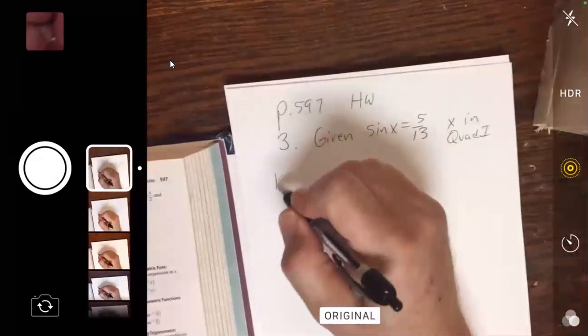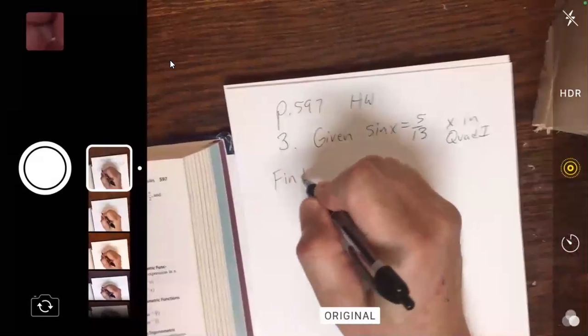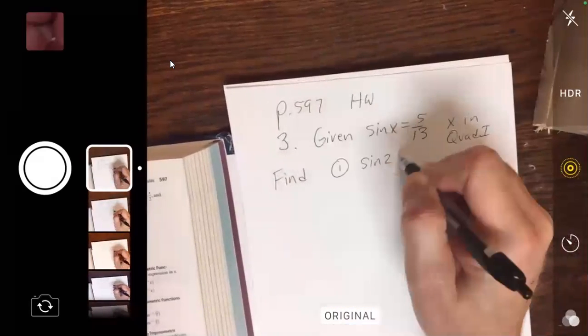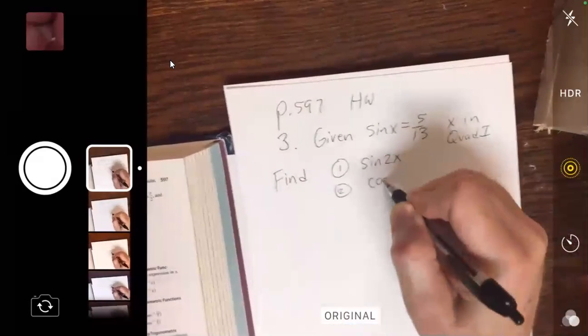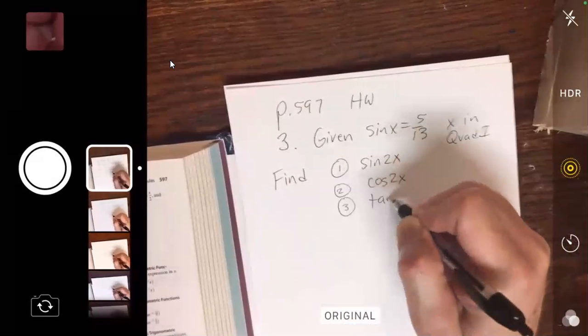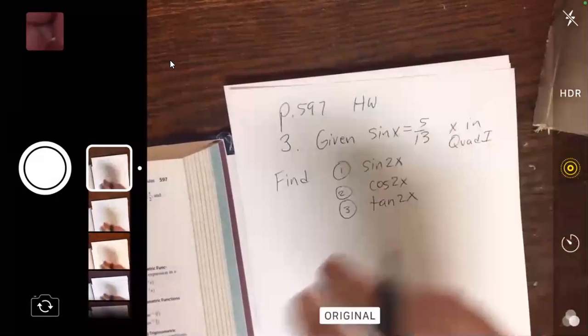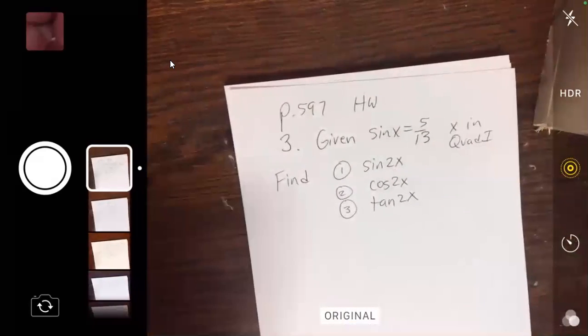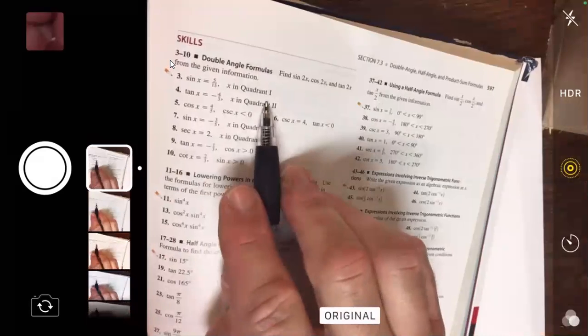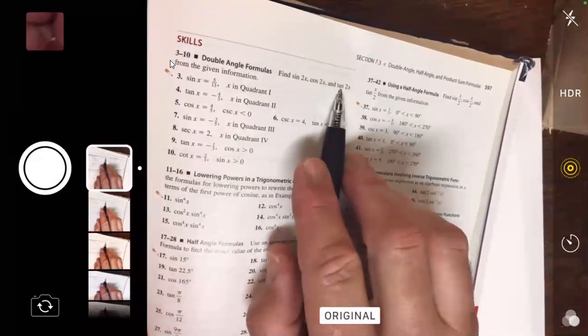They want you to find, they didn't number them, I will, sine of 2x, cosine of 2x, tangent of 2x.